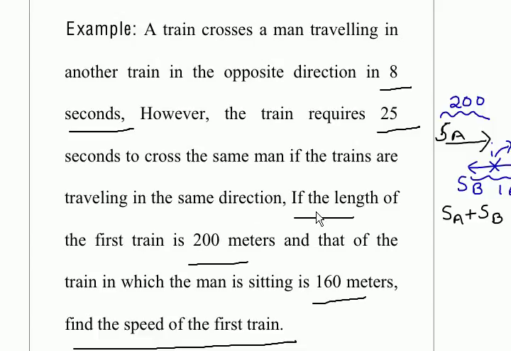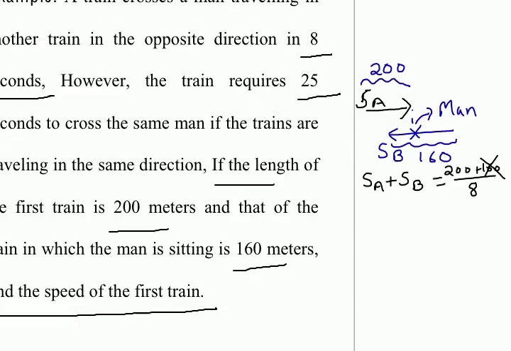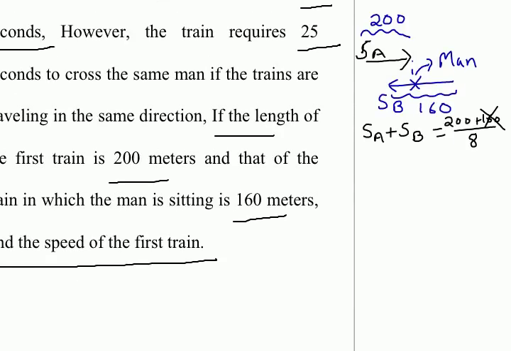And what else do we have here? So when they are traveling in the same direction, it takes 25 seconds. So let's put this as another equation. When they travel in the same direction, the relative speed is the difference of the speeds of the two trains, and in this case again the distance remains 200, because here again it's the man we are talking about and not the whole train that is being passed, and the time taken is 25.